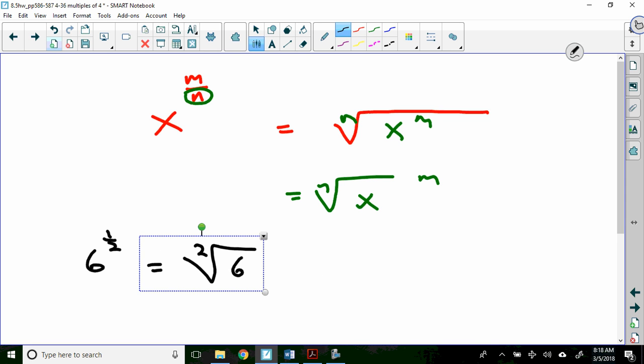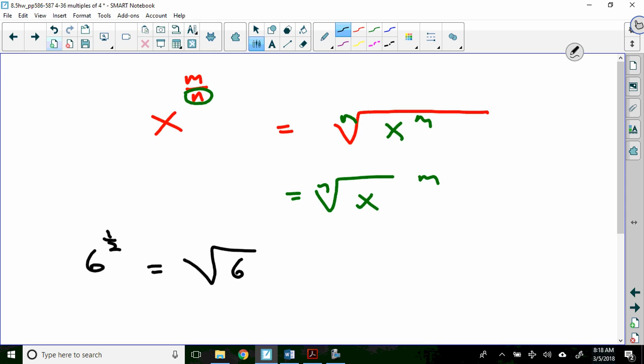That 2 that's in there really doesn't need to be written if it's a square root. So something like that. And we're going to be into chapter 6 before you know it, and we're going to see all kinds of those things in chapter 6.